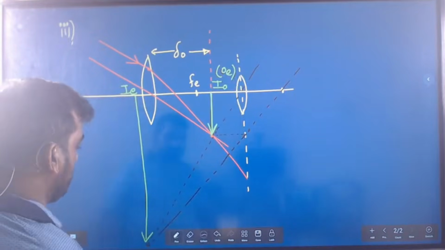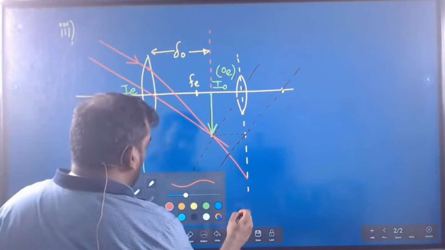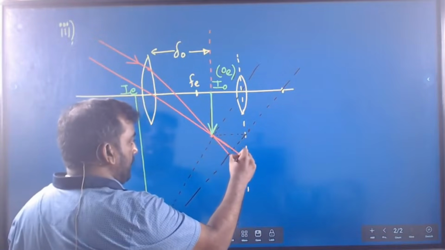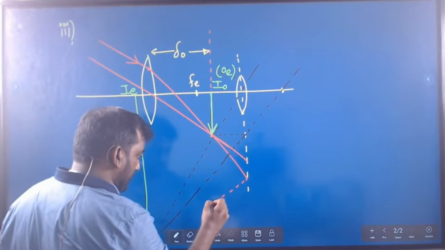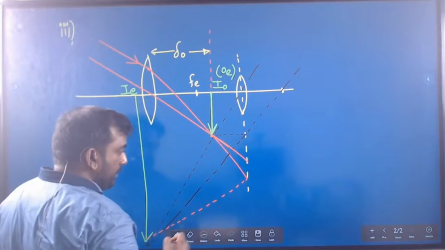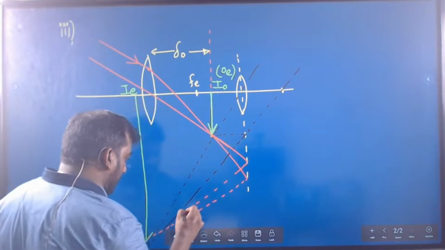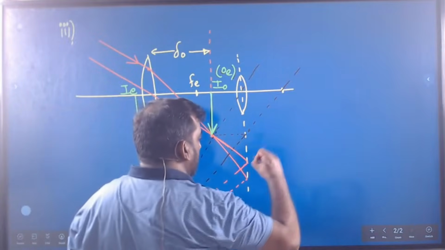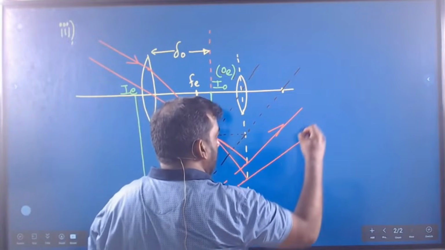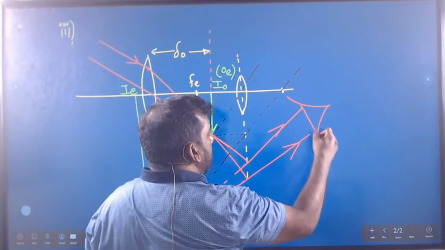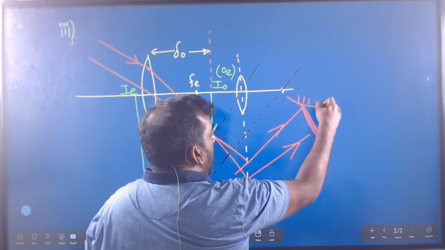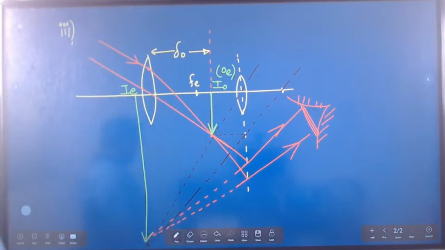Right. For the rest of the story you must consider these rays. These rays also meet here. The eye is here. The light ray is going to the eye.